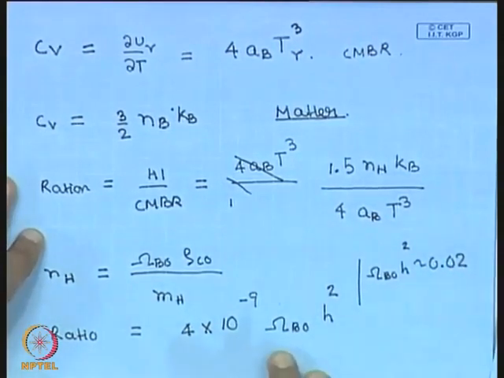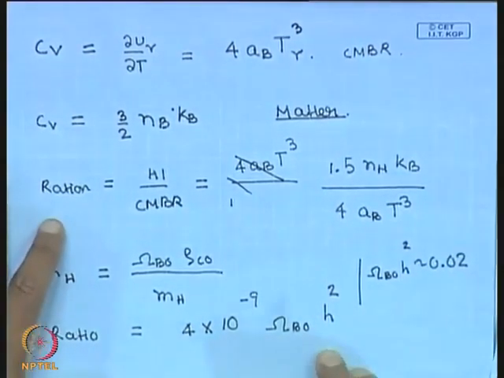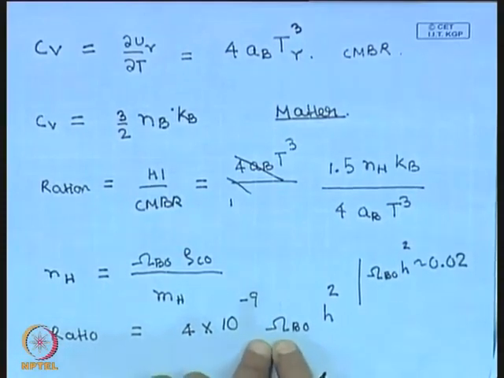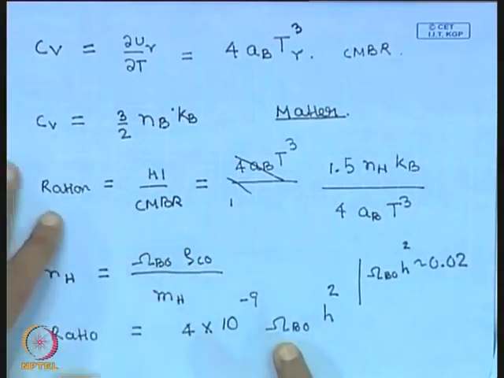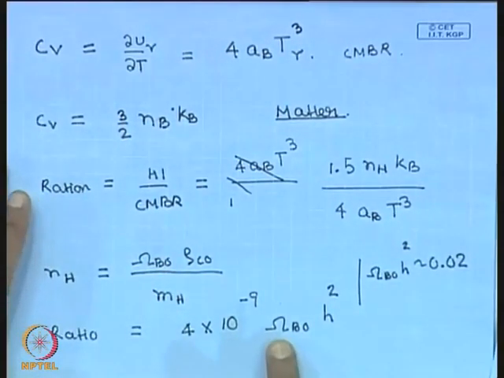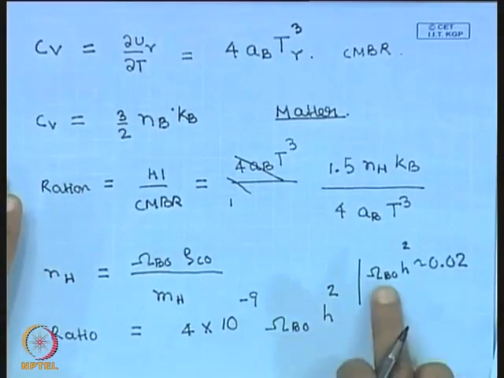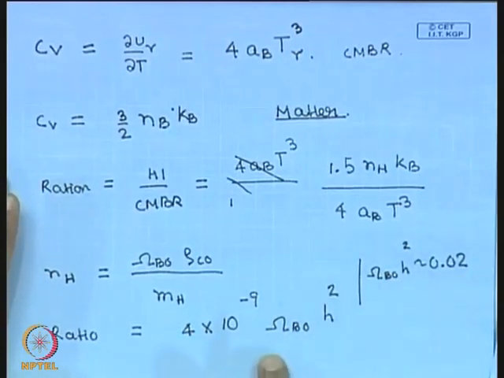Even if you assume it to be 1, let us forget there is no dark matter, the maximum value this can have is of the order of unity, because the maximum density the universe can have is of the order of the critical density. Okay, even if you take a value 1, the presently observed value is around 0.02. If you take a value around 1, this ratio comes out to be extremely small.